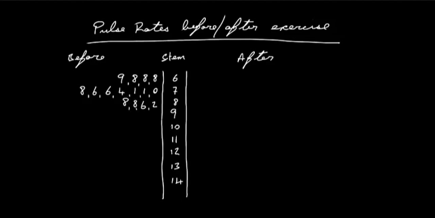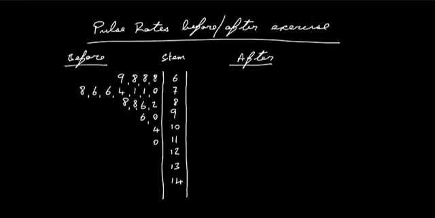Under 9, let's say 0 and 6. Under 10, let's say this is 104. This would represent 104 here. Under 11, let's just put in a 0 here. And let's say that's it for before exercise. So these are all the people. We sampled 1, 2, 3, 4, 5, 6, 7, 8, 9, 10, 11, 12, 13, 14, 15, 16, 17, 18, 19 people. So now we're going to look at those 19 people after exercise.